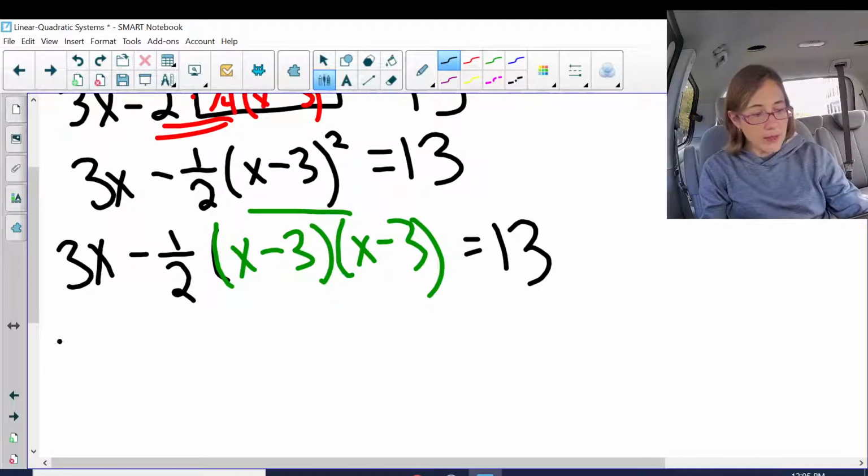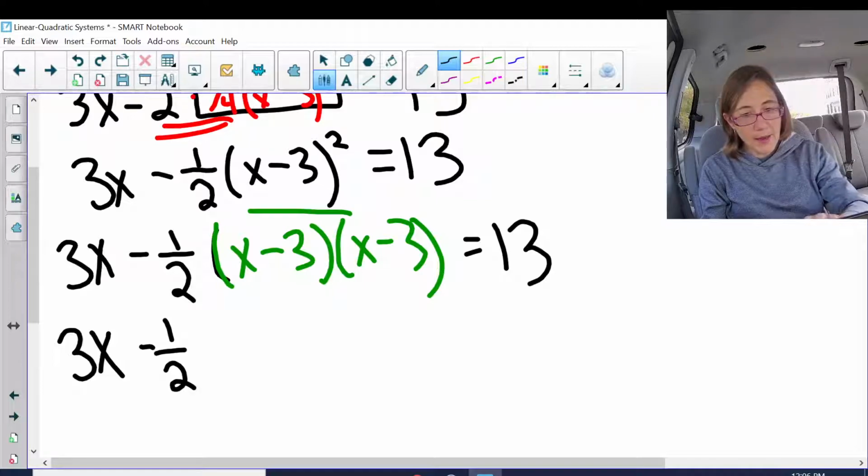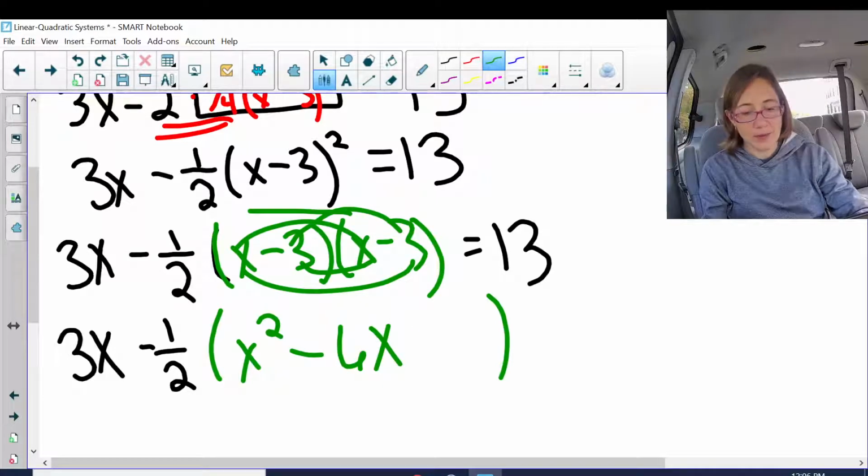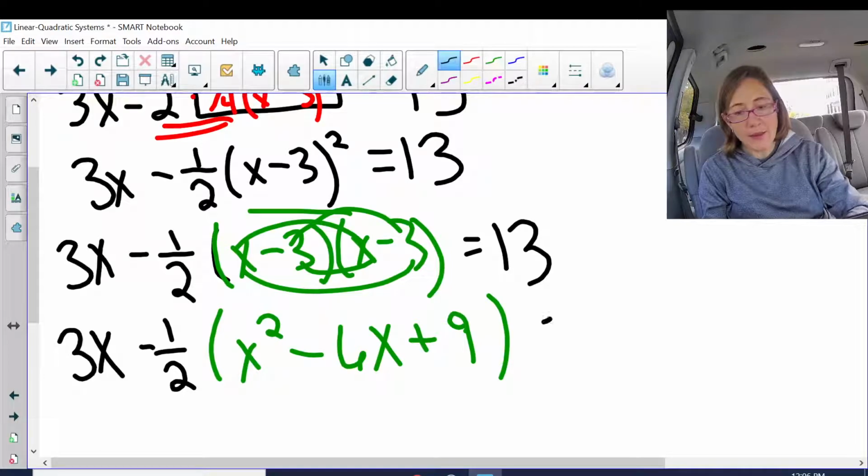So if I multiply out these binomials, I'm going to have an x squared. From this, I'll have a minus 3x and another minus 3x. So that will make minus 6x in my middle term. And then when I take the negative 3 times negative 3, I'll get a positive 9. And then I still have this equals 13 hanging on the end here.